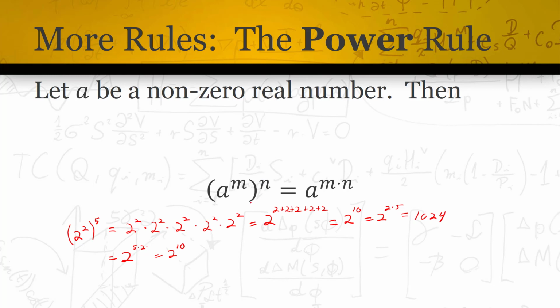Well, that's what we're doing here. We're saying that any a raised to the mth power, that quantity multiplied by itself n times, is actually equal to the base a raised to the product of these 2 exponents. And it does make sense, because if you think about it, we are multiplying a to the mth by itself n times. As a consequence, the equivalent power is going to be m times n.